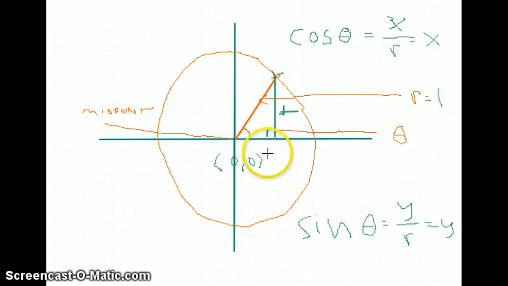In this unit circle we have the midpoint at 0, 0 and the radius is 1. With these parameters we get the coordinates of the point as cos theta, sin theta.